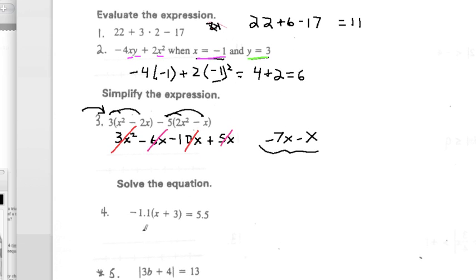Solve this equation. Let's divide both sides by negative 1. That should be a 1.